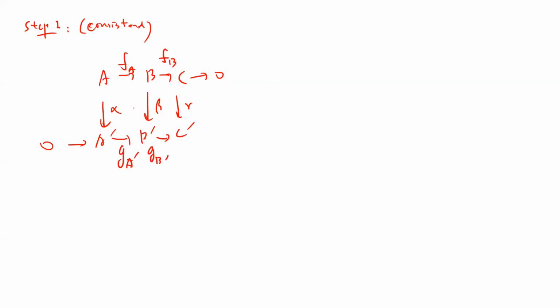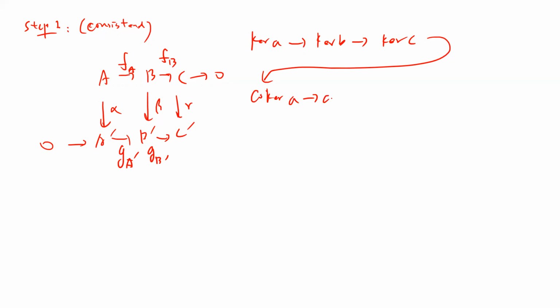Bad notation. I want to show that kernel A, kernel B, kernel C goes to cokernel A, cokernel B, cokernel C, and that this is exact. Actually, if this is 0, then it should be 0.